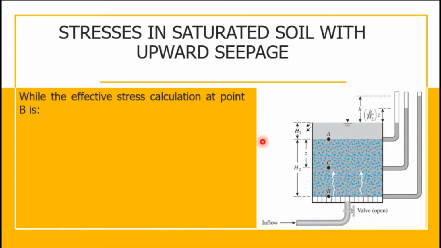And then for the effective stress calculation at point B, we have to first get the total stress. In order for us to get the total stress, this will be equal to the unit weight of water multiplied by the height, which is H sub 1, plus the saturated unit weight of this soil multiplied by the height from this point down to point B. So that would be H sub 2.